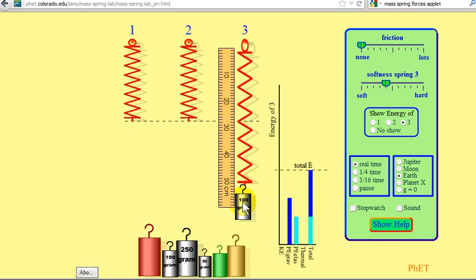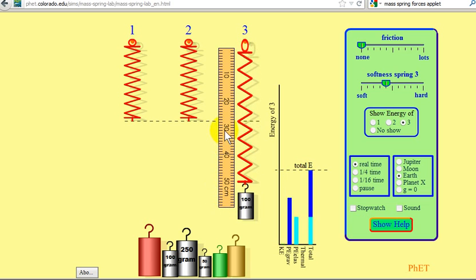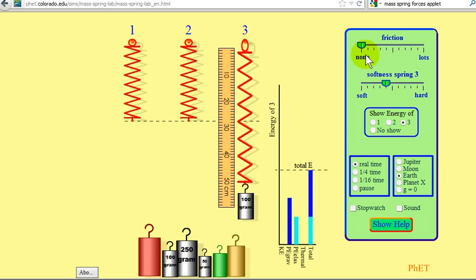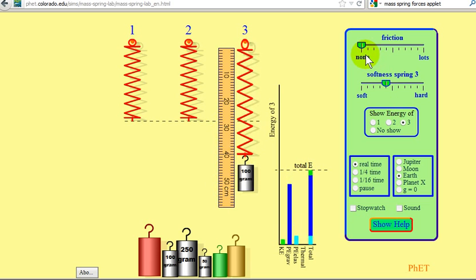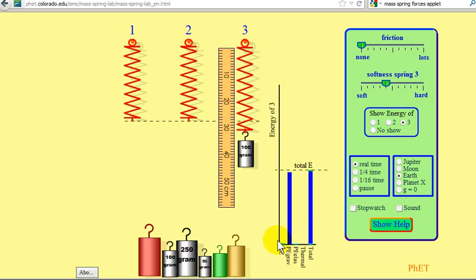If I release this mass, it will oscillate indefinitely about its equilibrium position of 40 centimeters. So it'll oscillate between 30 and 50 centimeters indefinitely because friction is zero. We can see the kinetic energy going from zero to some max value over and over.